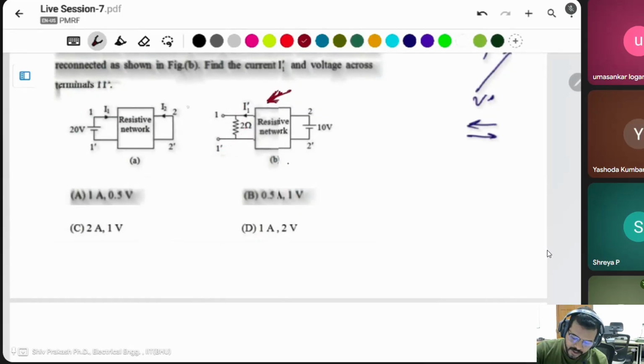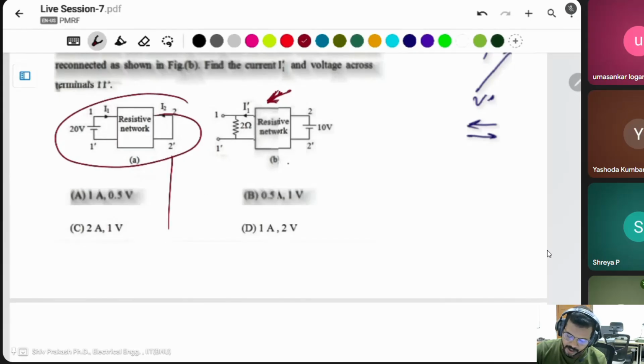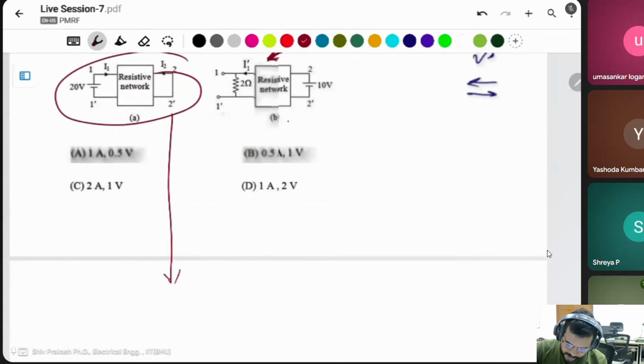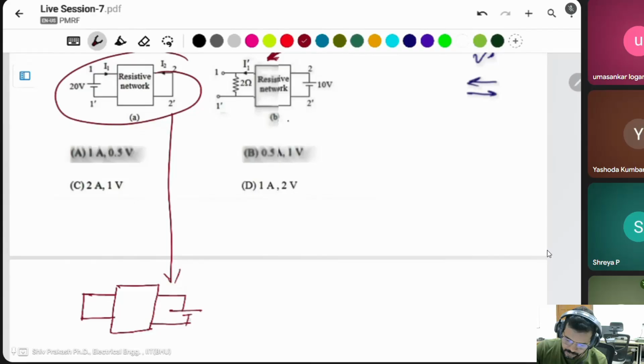Then simply I can rewrite this circuit like that. This is 20 volt, and I1, I2 is incoming, like that.